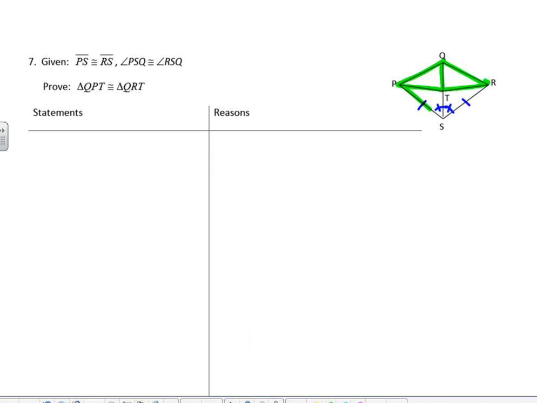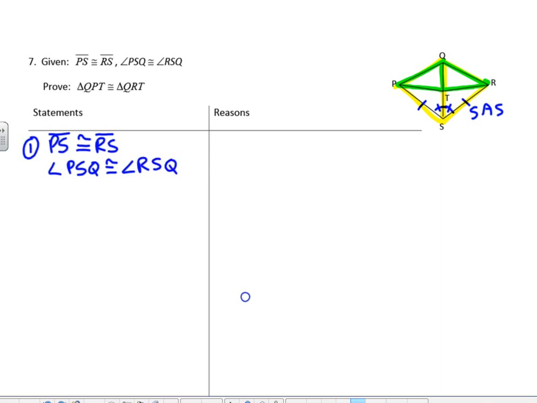I don't want the green. I'm going to change my highlighter to a yellow highlighter. We can prove this triangle here is congruent to this triangle by side angle side. So I'm going to just start this out. PS is congruent to RS, and angle PSQ is congruent to angle RSQ.